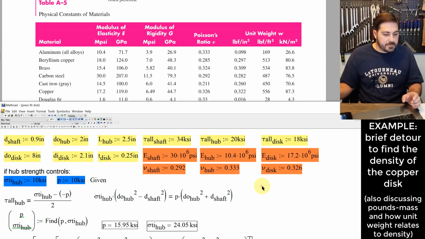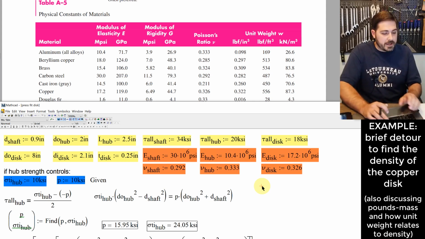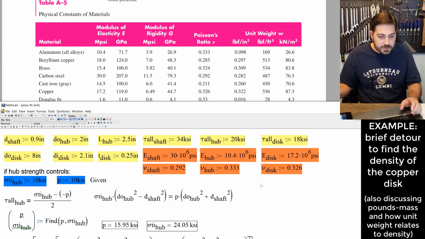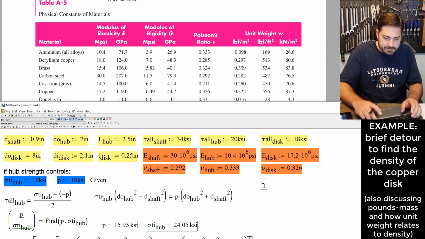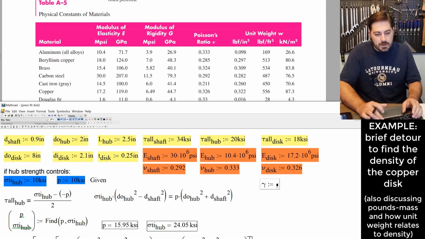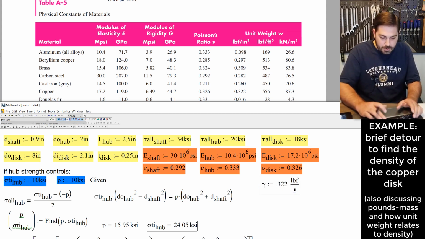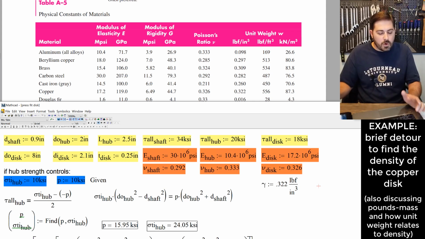The US system is kind of funky in a lot of ways, but if I'm going to define this unit weight, which a lot of times the variable for that is gamma, I can do that with this 0.322 pounds force per cubic inch. I'm going to show you this. What would I have to do to turn that into a density?